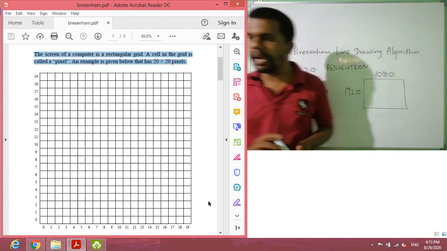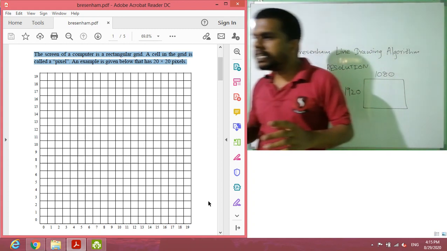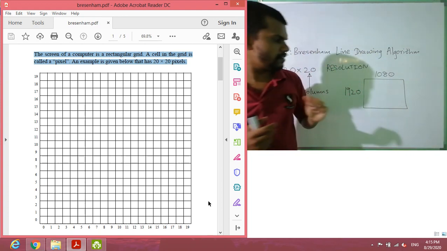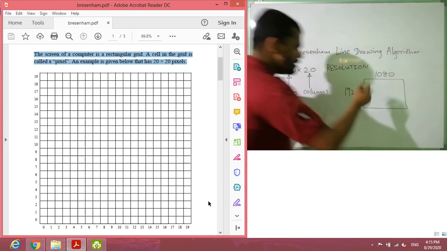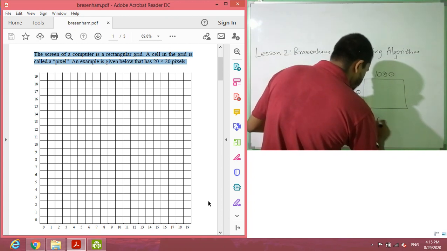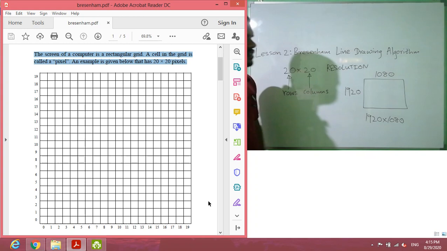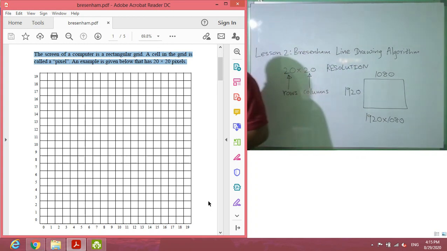Now in your laptop screen, a pixel is a very tiny cell, and this is the resolution of your laptop screen.